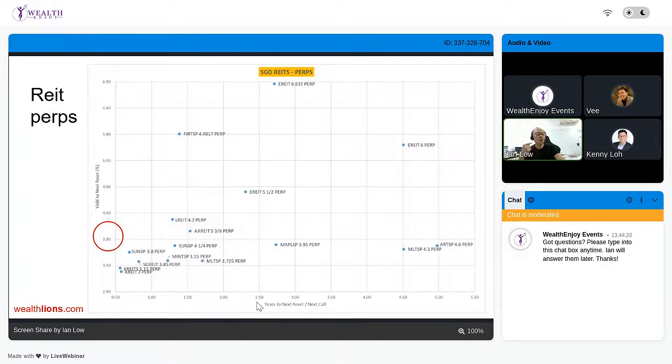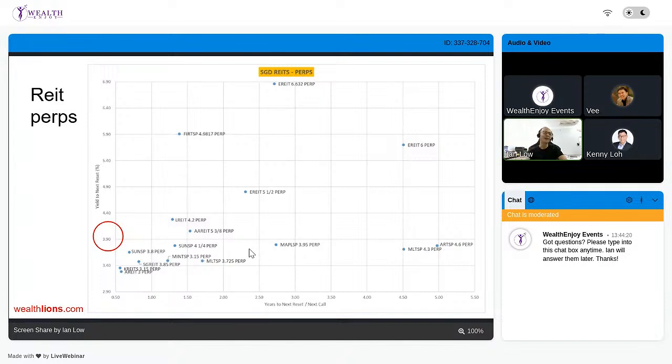There was a Guocoland perp at 4.35% this past week. So it's possible somewhere at 4 point something you get a perp, but you have to buy from the secondary market. You get the ESR, the First REIT, the Indonesians. I wouldn't touch these REITs at the moment.